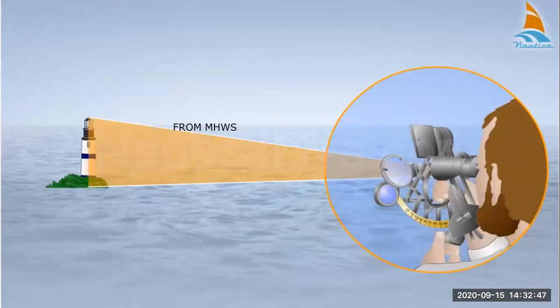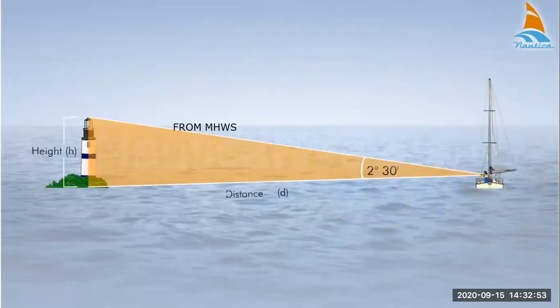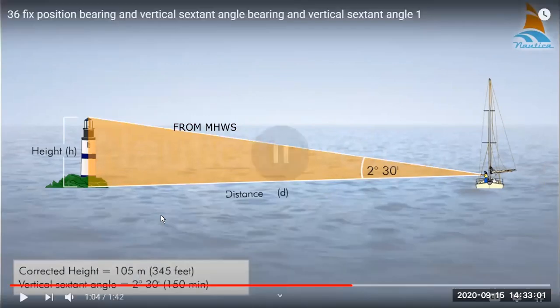the lighthouse height, and then we take the sextant to measure the angle of the lighthouse, and we find the vertical angle from the horizontal surface is 2 degrees 30 minutes.